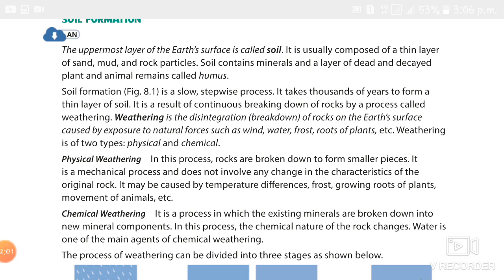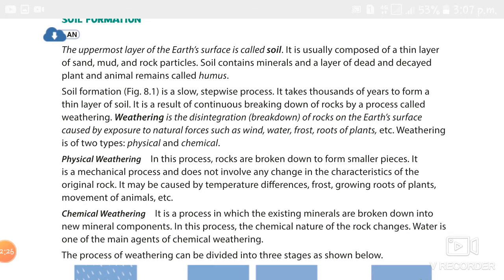That we studied in the last class, right? Then we studied weathering. What is weathering? Weathering is the disintegration of rocks on the earth's surface caused by exposure to natural forces such as wind, water, frost, roots of plants, etc.